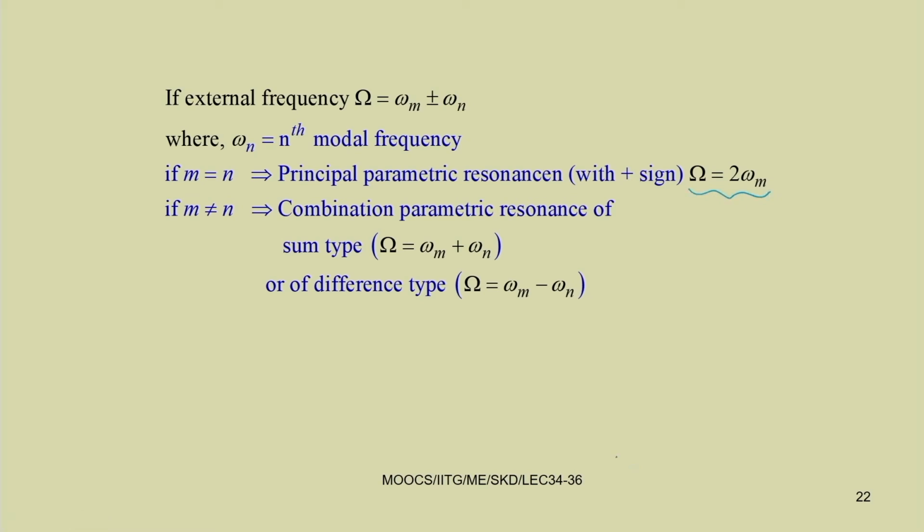If m not equal to n, we have a combination parametric resonance of some type if we take omega equal to omega m plus omega n, and it will be of a different type if we take omega equal to omega m minus omega n.